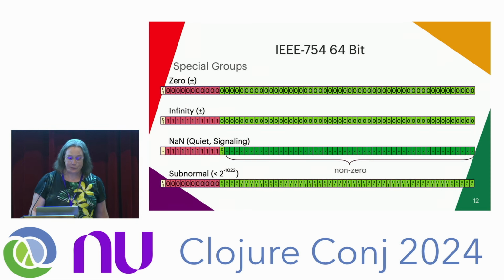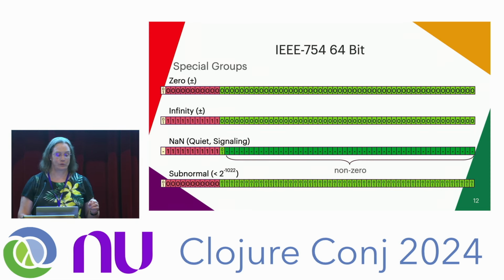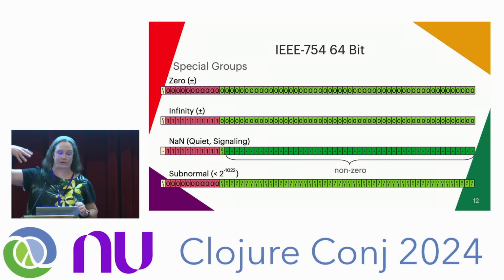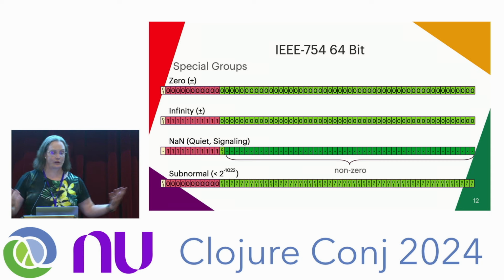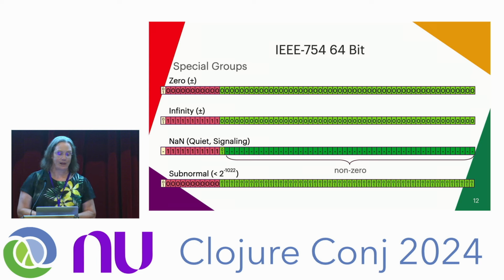So there are special groups in here. If we start with an exponential which is all zeros, and everything is all zeros except the sign bit, which could still be 1 or 0, that is 0. If the sign bit is set, that means negative 0, and some of you may have seen negative zeros with the software that you've worked with, if it's floating point.